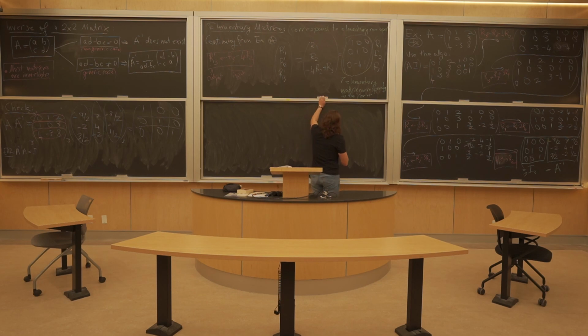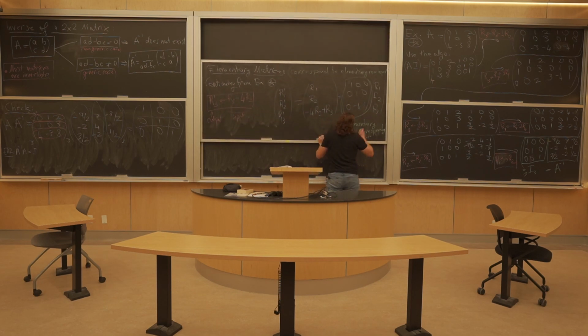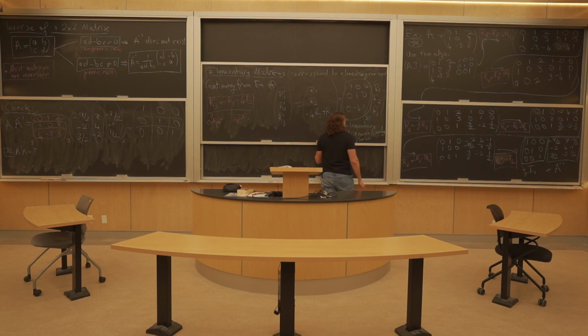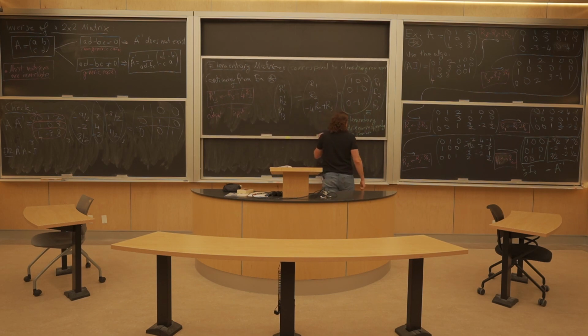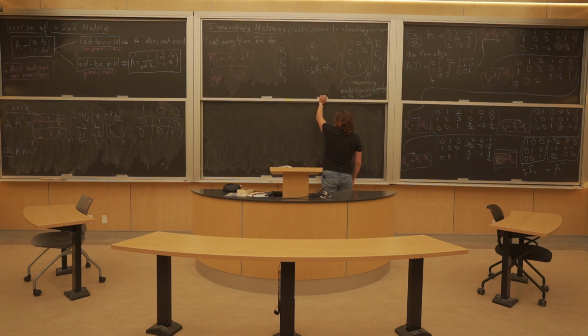So let me call this something. Let's call it E1, the first elementary operation, the first elementary matrix that I used. So, just going to record it. 1, 0, 0, 0, 1, 0, 0, minus 4, 1. That's E1. And A is over there. 0, 1, 2, 1, 0, 3, 4, minus 3, 8.